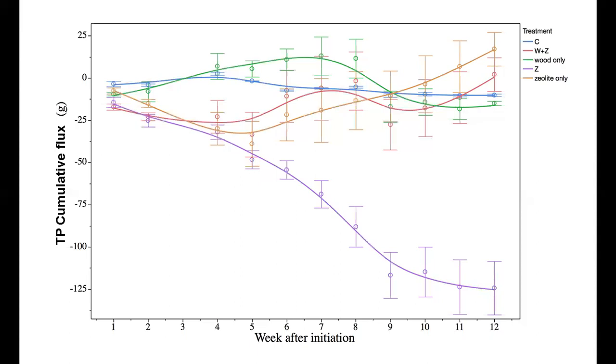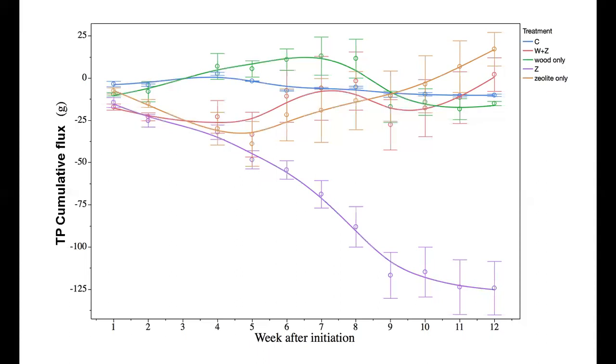So you'll see that we did have phosphorus increase for the zeolite only and the woodchip and zeolite tanks only by the end of the experiment. However, the woodchip tanks were actually removing phosphorus at the end of the experiment.